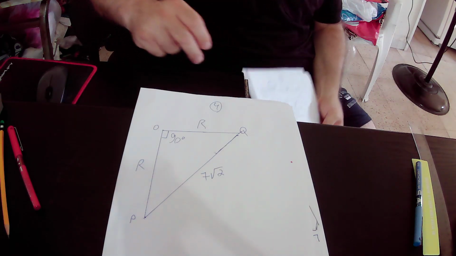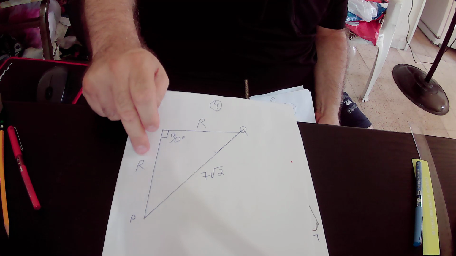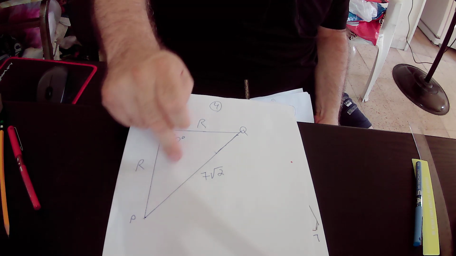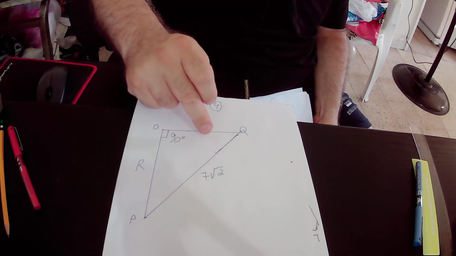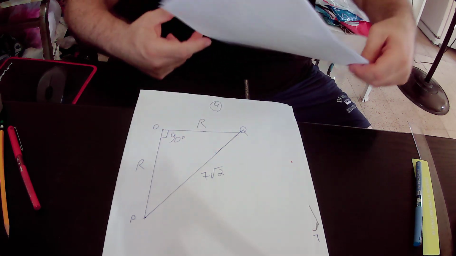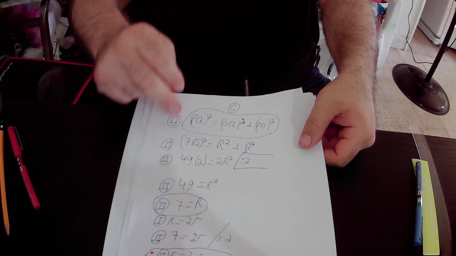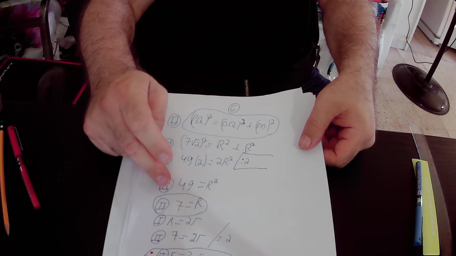But we know that OP equals capital R, PO equals capital R, and the hypotenuse PQ equals 7 times root 2.